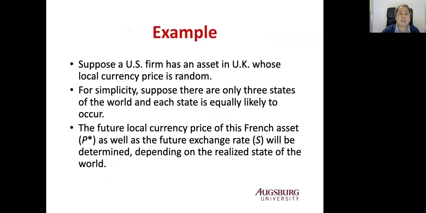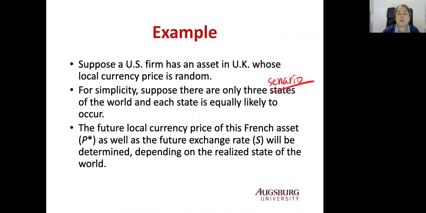So this is an example. Suppose there's a US company that has an asset in the UK whose local currency price is random, obviously. For simplicity, suppose there are only 3 states of the world and each state is equally likely to occur. This is the so-called scenario analysis.